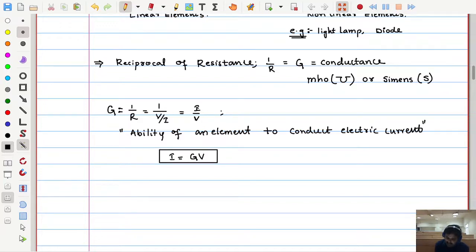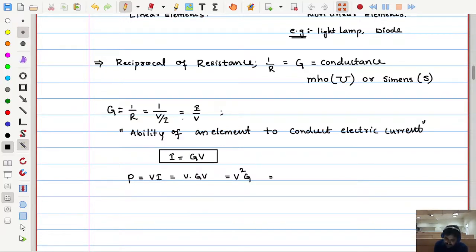Why? Because I is equal to V by R, and 1 by R can be written as G. Now we have seen the power relationship. Can I write this power relationship as VI, where we write I as GV, so that we get V into GV, which is V square into G. Here we substituted I is equal to GV.